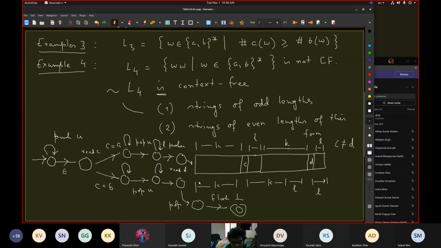Isn't that sufficient? Yes. So this will be the loop. That's all actually.